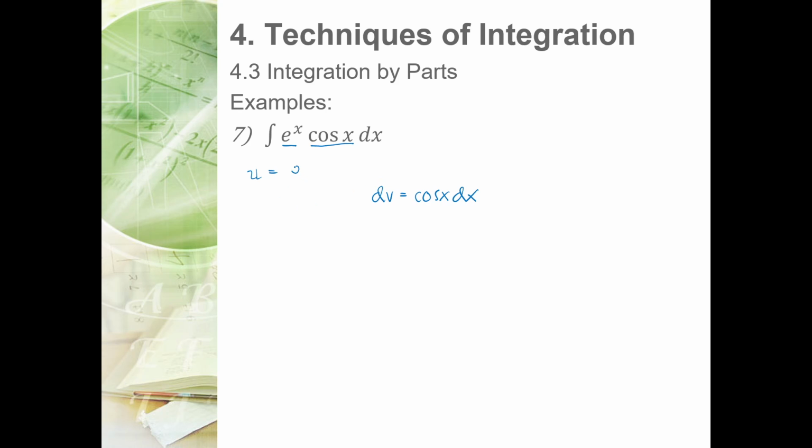So this one is my e to the power of x. So let's try if correct ba akong pag-assign. So v here, getting the integral of cosine, that will be sine x. Getting the du part here, this becomes e to the power of x dx.